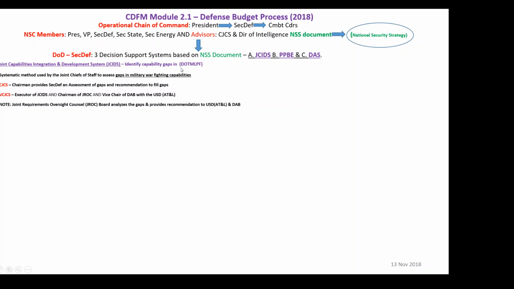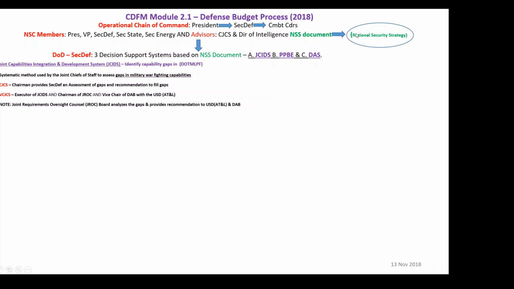That's where you look at doctrine, organization, your training, your materiel, leadership, personnel, facilities. You look at all those different aspects of that mission, and then you determine what particular area you need to look at. So what you see here is that JCIDS is a systematic method used by the Joint Chiefs of Staff to assess capability gaps.